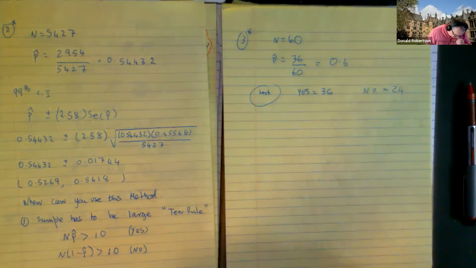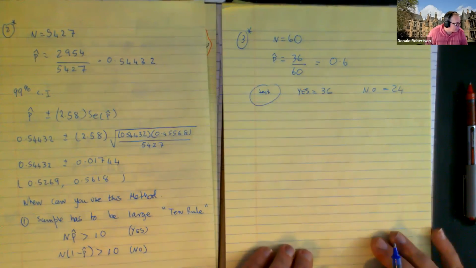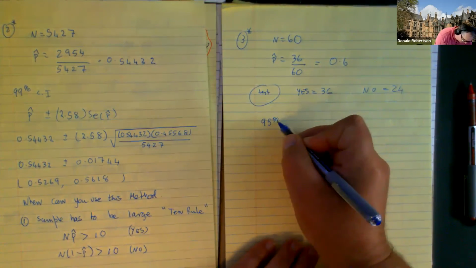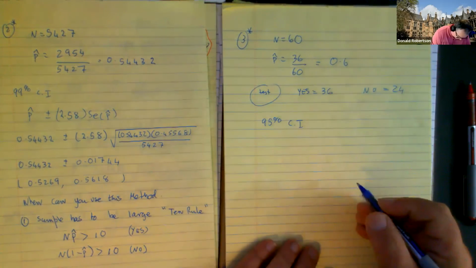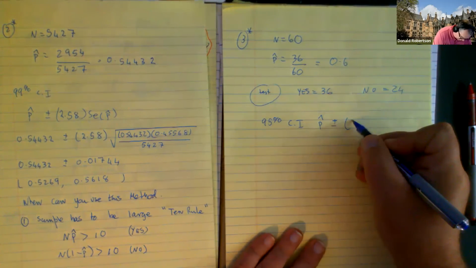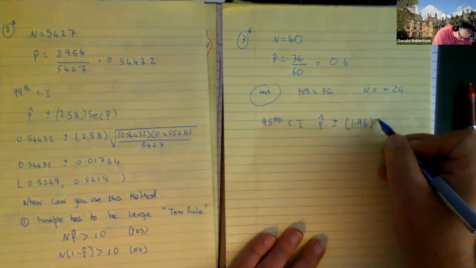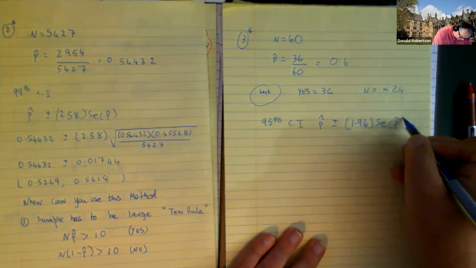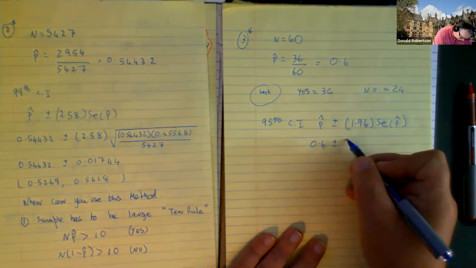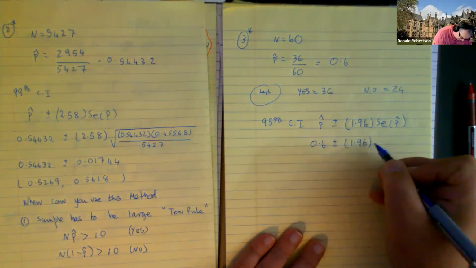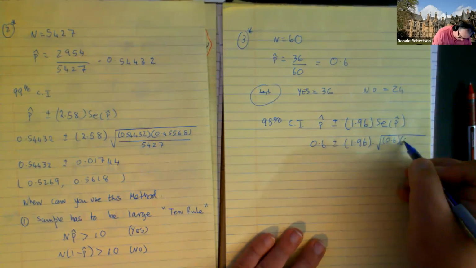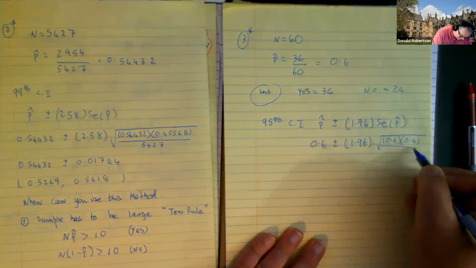Now, you want to do a 95, a 99, what do they want? They want a 95, okay. So a 95% confidence interval based on this would be p hat plus or minus 1.96 times the standard error. That's going to be 0.6 plus or minus this guy. And again, I'm just going to do the calculation: p hat times 1 minus p hat over n.